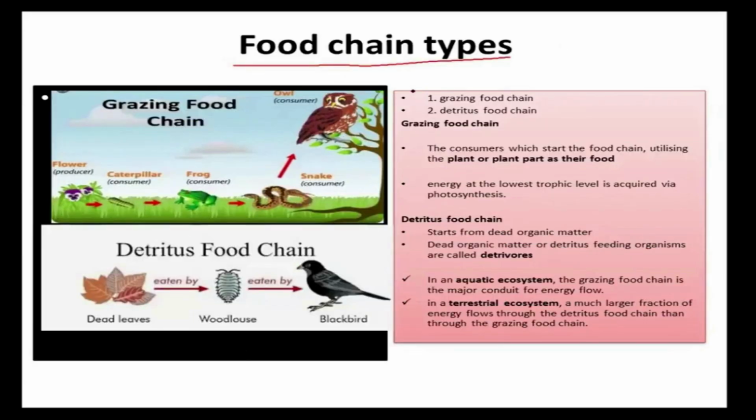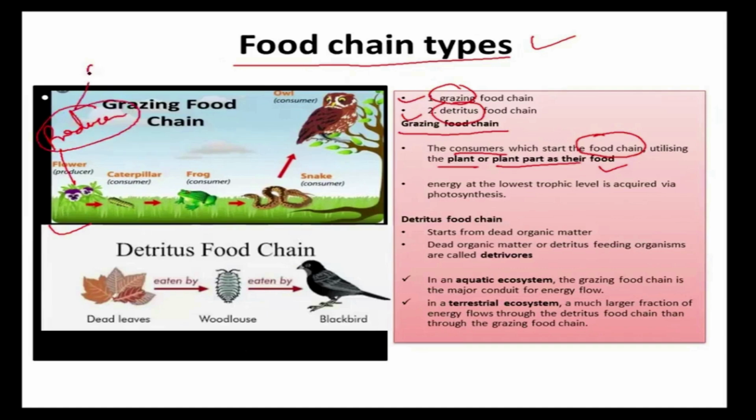Types of food chain. Food chains can be of two types: grazing food chain and detritus food chain. Grazing food chain means the consumers which start the food chain utilize the plant or plant parts as their food. In this food chain the plant is a producer, producing organic matter through photosynthesis.